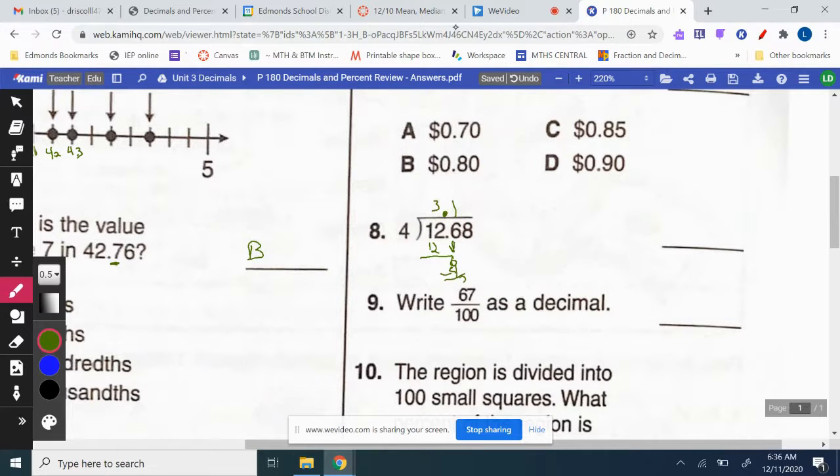I subtract with 2, bring down the 8. 4 goes into 28 7 times, minus 28. So it's going to be 3.17. Remember, you can use a decimal. All right. This tells me hundredths. So I'm going to put my decimal and put that number behind hundredths. 67 hundredths.